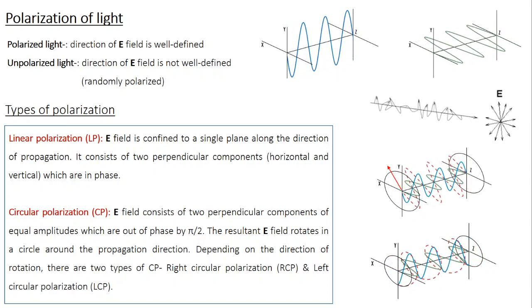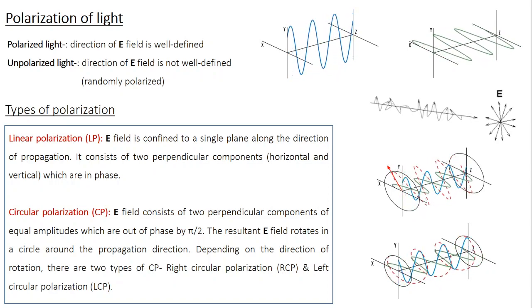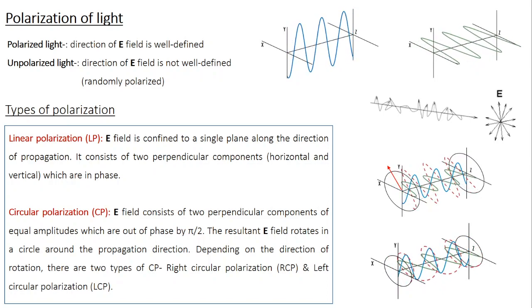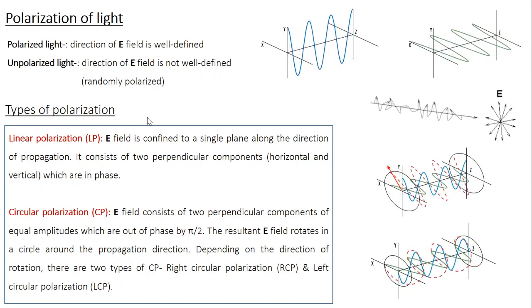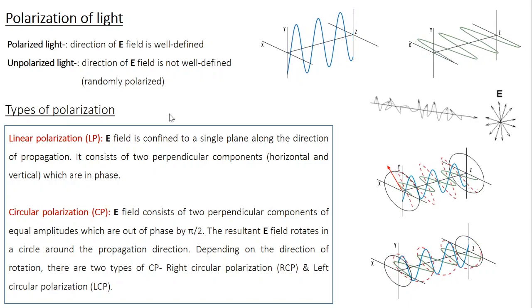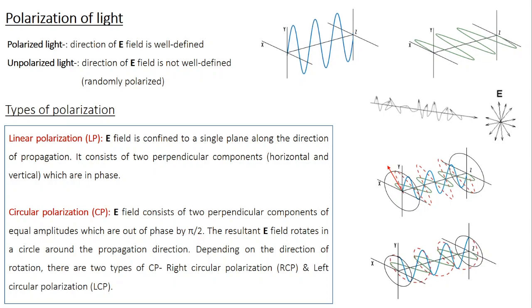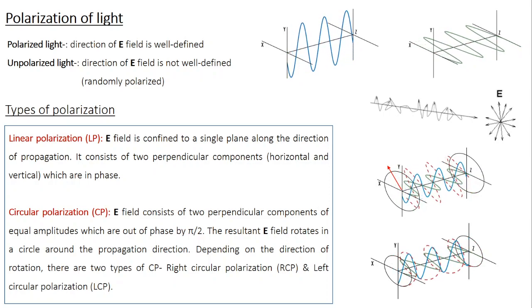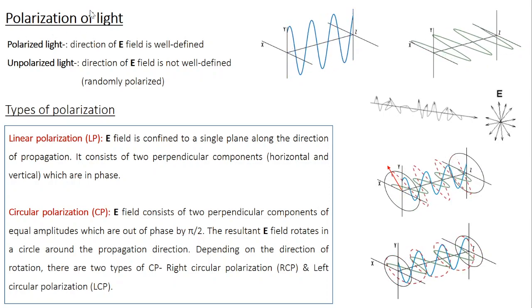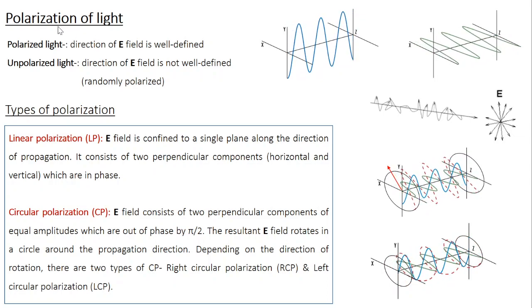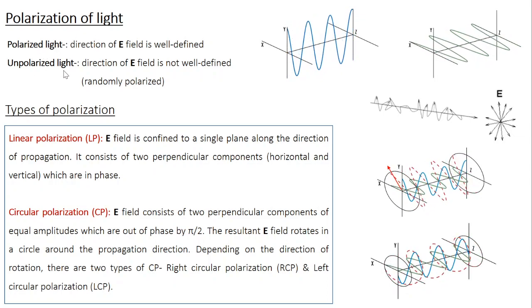As I said in the previous class, polarization refers to the direction of oscillation. In light you have electric field and magnetic field. Since the electric field is the dominant field, we talk about the direction of oscillation of the electric field. Based on polarization, you can categorize light into polarized light and unpolarized light.